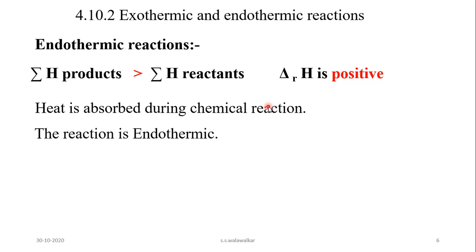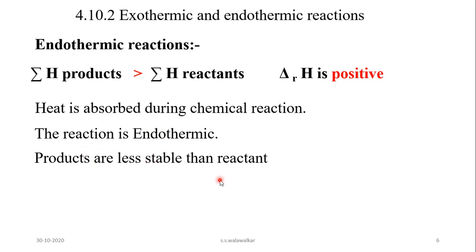Therefore such reactions are called endothermic reactions. Heat is absorbed in this reaction, and therefore it is called an endothermic reaction. And in such reactions, products are less stable than reactants, as their enthalpies are greater than enthalpies of reactants.